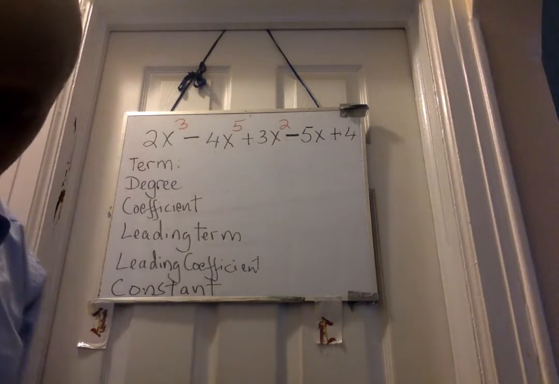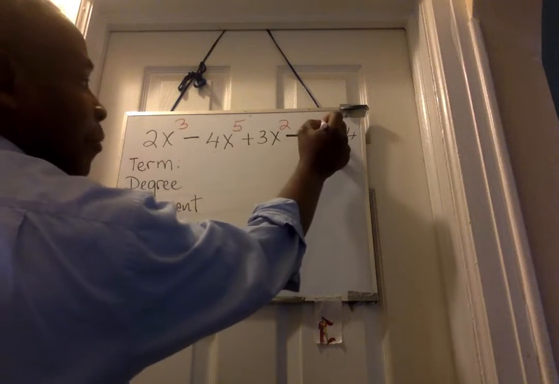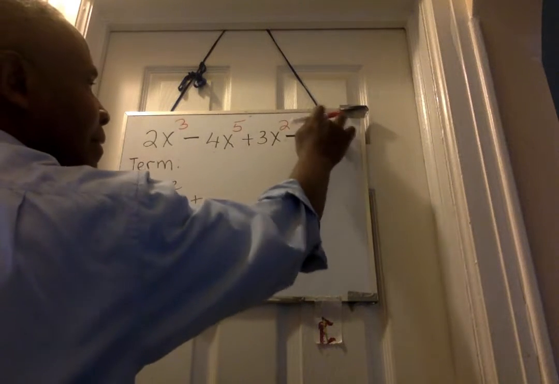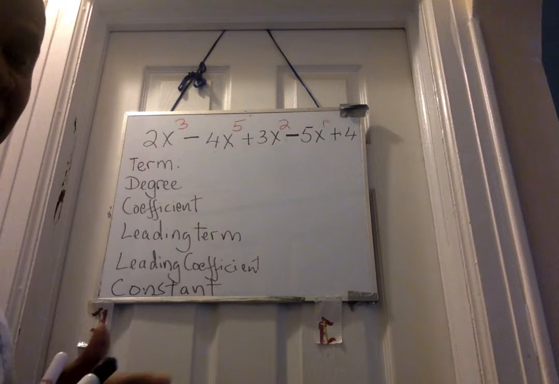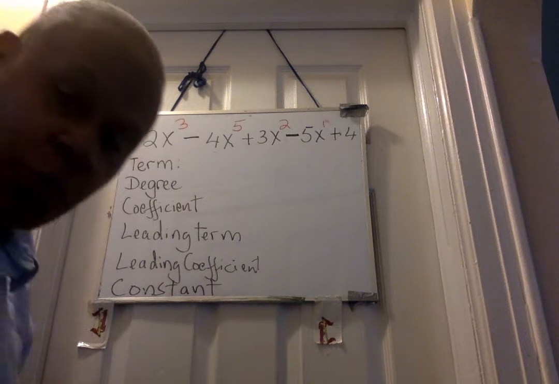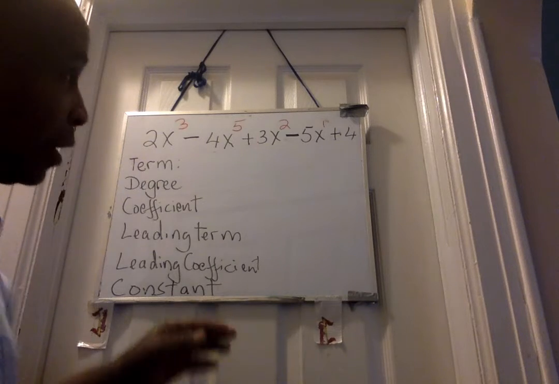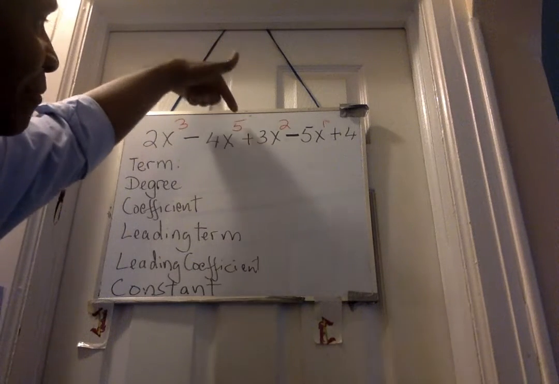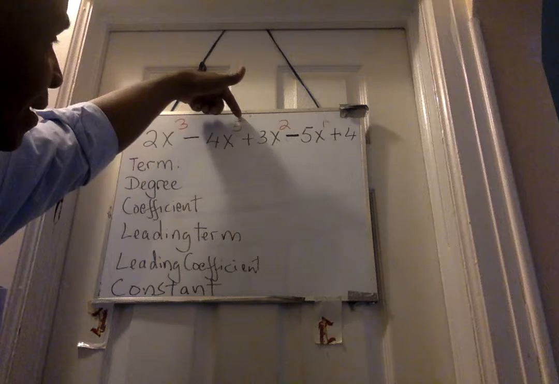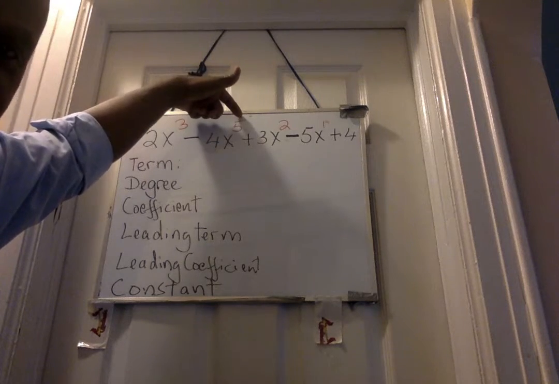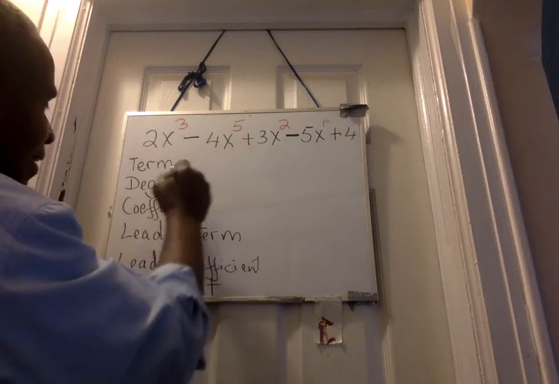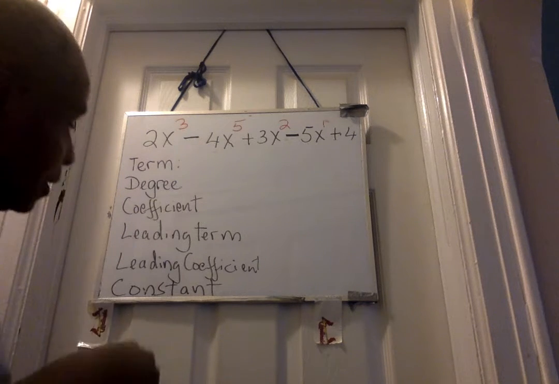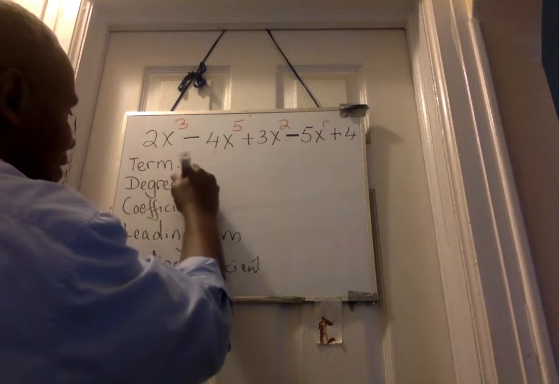This one also has an exponent, but it's an invisible one. What is the highest exponent here? 5. Okay? 5 is the highest exponent, so therefore the degree of this polynomial is 5.